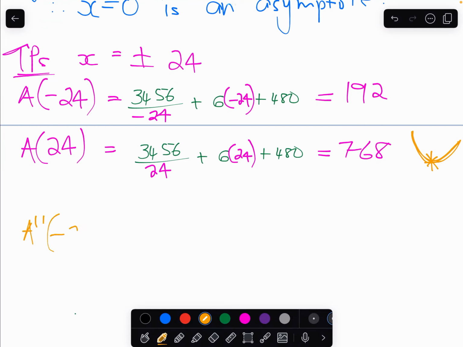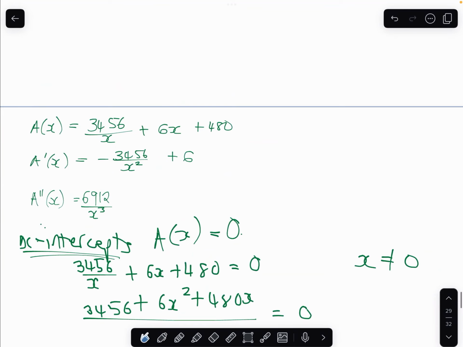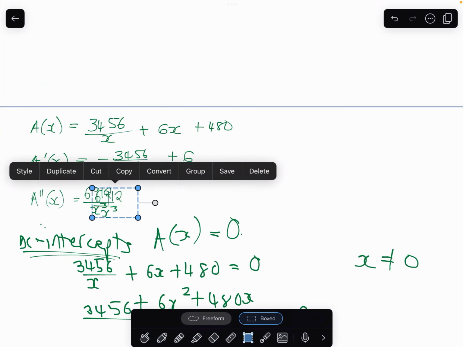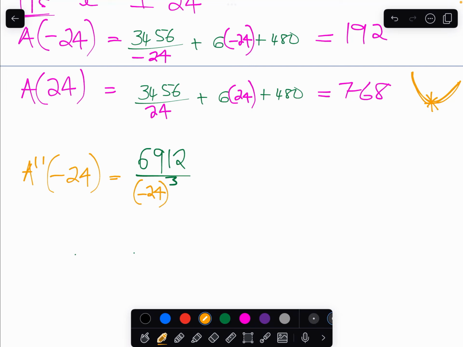So let's see what's happening to the concavity when x is negative 24. Okay, we can already see that we're going to end up with a negative number, because a negative number cubed is going to be negative.